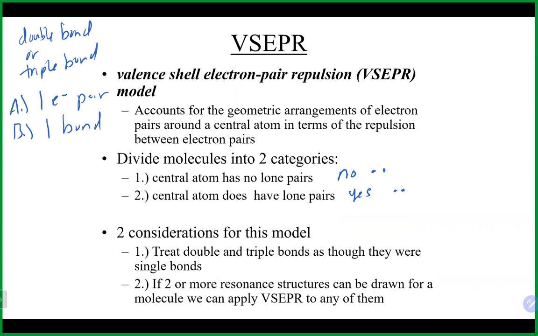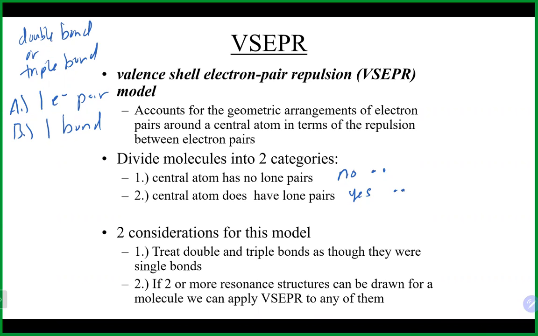So regardless of whether it's single bonded, double bonded, or triple bonded, it really doesn't matter. Everybody's counting as one. They're essentially moving and working as one electron pair, even though they're double bonded or triple bonded, and they do count as one.